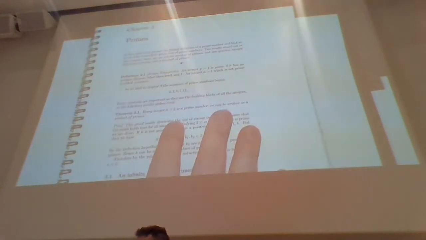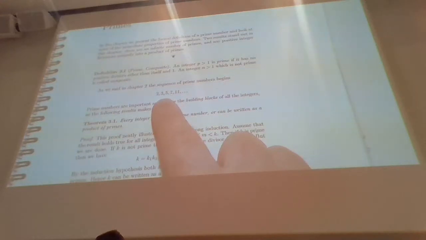They're divisible by other interesting things, midway between themselves and 1. But prime numbers are special. They have no other divisors apart from themselves and 1, and those aren't interesting divisors. So essentially, prime numbers have no divisors except themselves. 2, 3, 5, 7, 11, and so on.